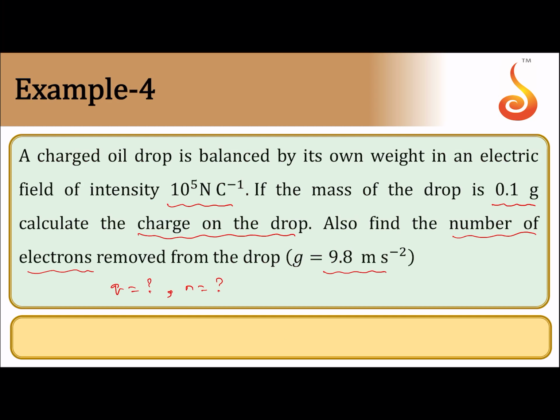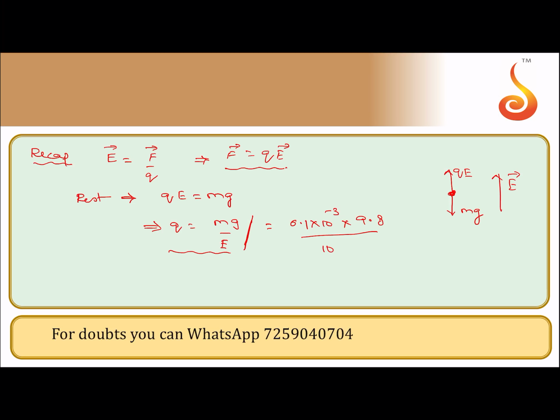Divided by the electric field, 10 power 5 newton per coulomb. Therefore, this is equal to 9.8 into 10 to the power minus 9 coulombs. So your charge on the oil drop is 9.8 into 10 power minus 9 coulombs. 5 became minus 5, minus 3 minus 5 is minus 8, and minus 1, so minus 9.